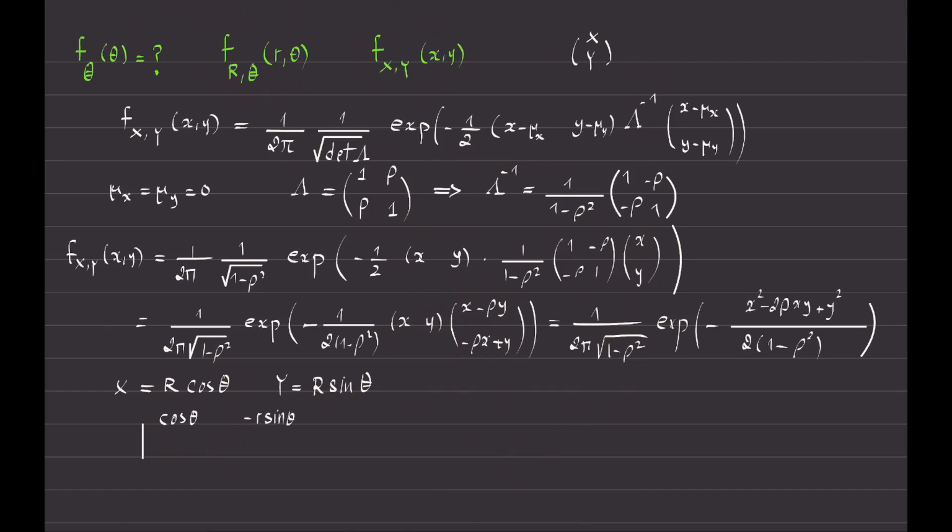The derivative of y with respect to r is simply sine theta, and the derivative of y with respect to theta is r cosine theta. If you calculate this determinant, it becomes r cosine squared theta minus r sine theta times minus sine theta, which becomes r sine squared theta, so it becomes r, just r.